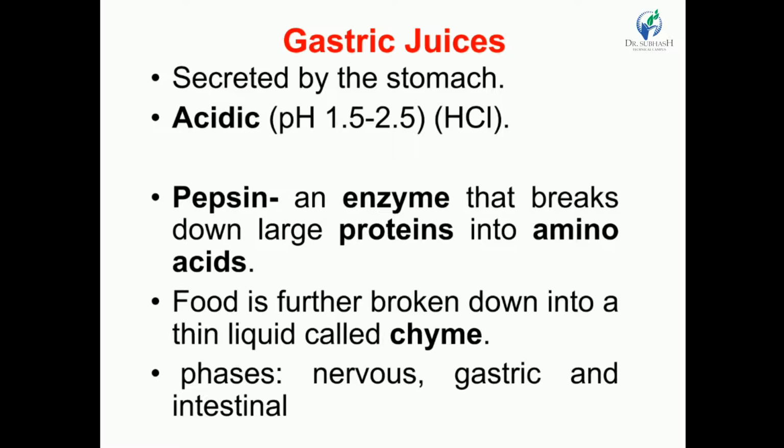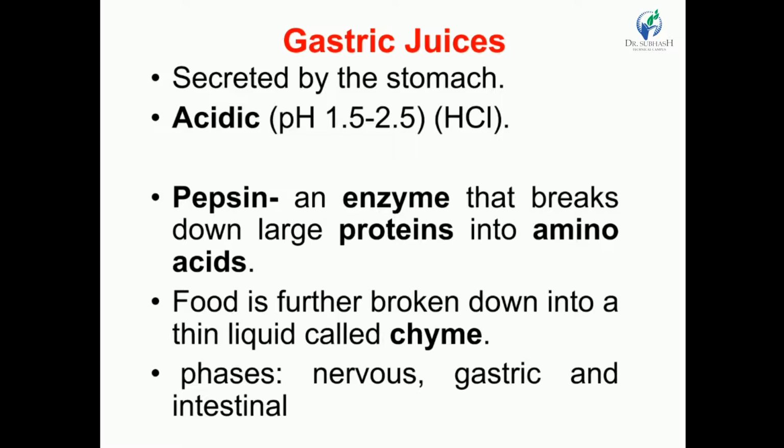But once there is activation of the pyloric sphincter, it will get activated and open. After that, there will be a complete cessation of the gastric juices, and this can be termed the intestinal phase, where the secretion of gastric juice is inhibited by a particular hormone, enterogastrone, which is secreted by the duodenum itself and passed into the blood, which takes it to the stomach.